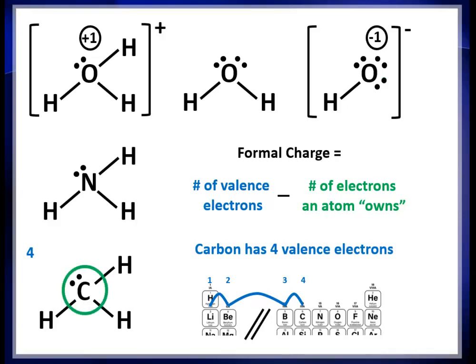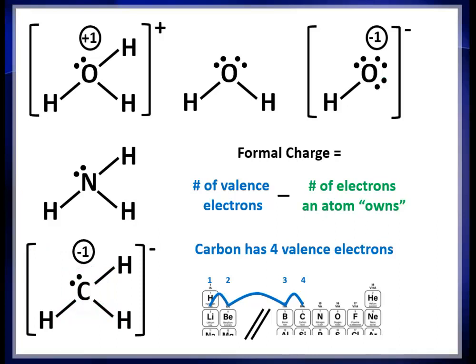Well, we already know. 1 lone pair, 3 bonds, that's still 5 owned electrons, just like ammonia and hydronium above it. But in this case, carbon owns more electrons than it would have in its isolated neutral form. 4 valence minus 5 owned equals a formal charge of -1.